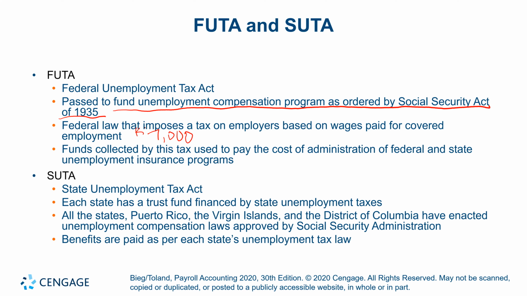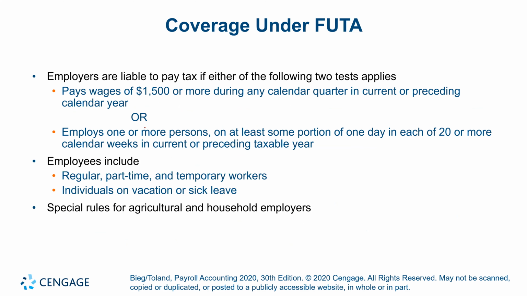As we go through the PowerPoint slides, around chapter 5, page 13 or 14, the book shows each state's wage limit, unemployment tax rates, and maximum benefits paid out if an individual becomes unemployed.